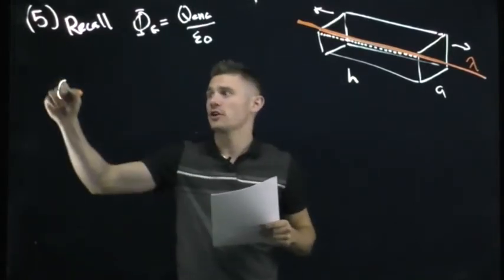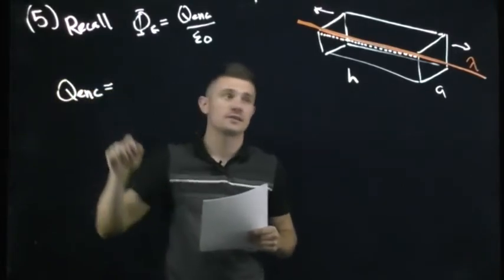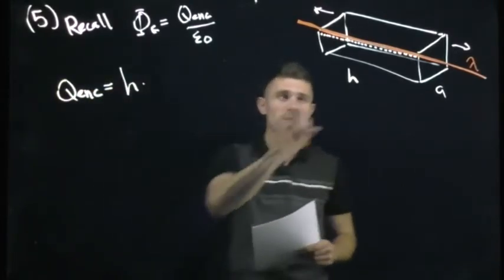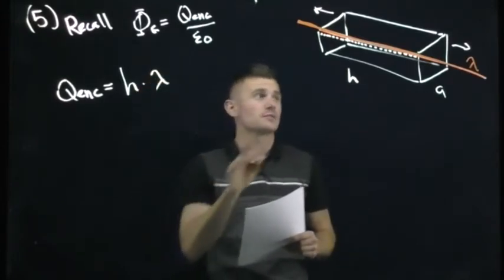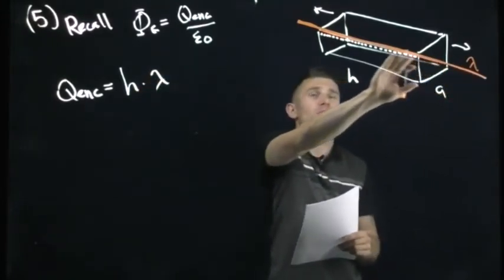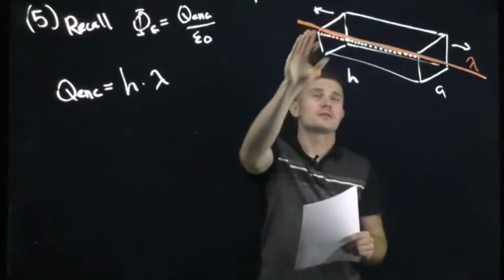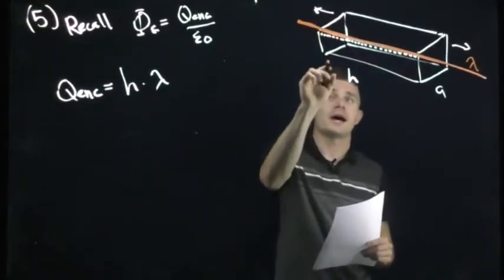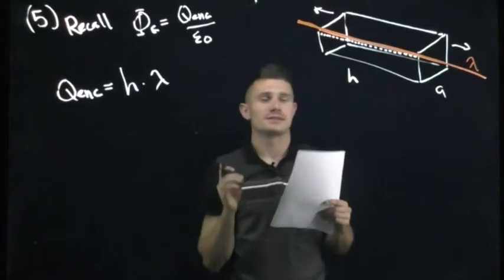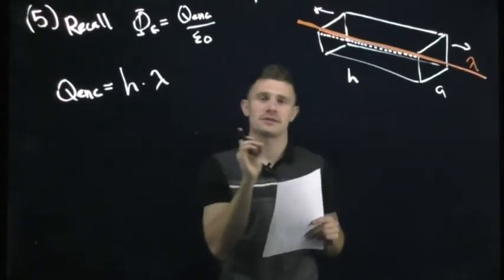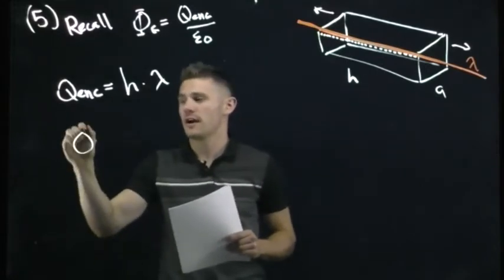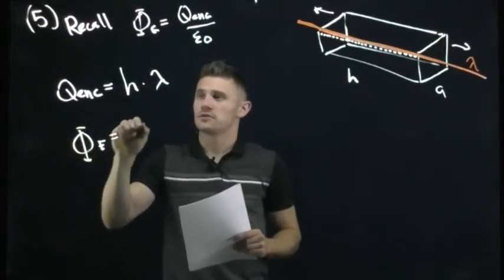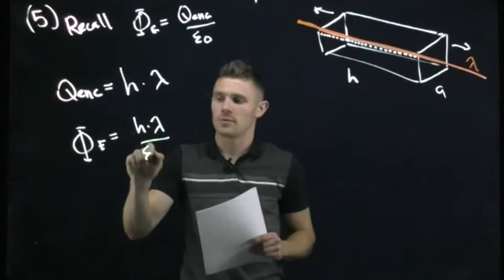And the enclosed charge here is simply the length of the rectangle, H, times the uniform charge density lambda. So this lambda is the charge density per unit length of this line of charge, and we have that it passes through the rectangle for a distance of h, therefore h times lambda gives us our enclosed charge by the surface here. So we take phi of E is equal to h times lambda over epsilon naught.